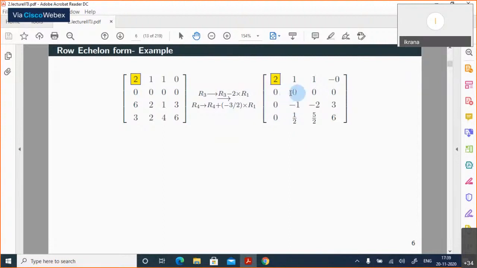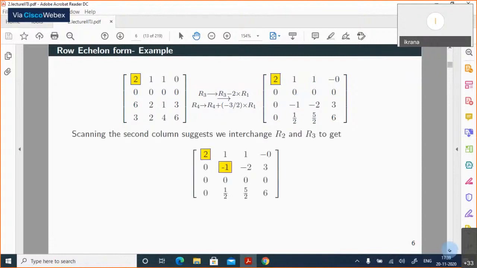So we'll interchange these two rows. When we interchange this, the 0 will not affect. So this side nothing is affected. Only this -1 will go up, and that will change, and we go on repeating that process. So once we repeat that process, the -1 goes up, -1, -2, 3, that goes up, 0, 0, 0 comes down, and then below that non-zero entry we will make everything 0.